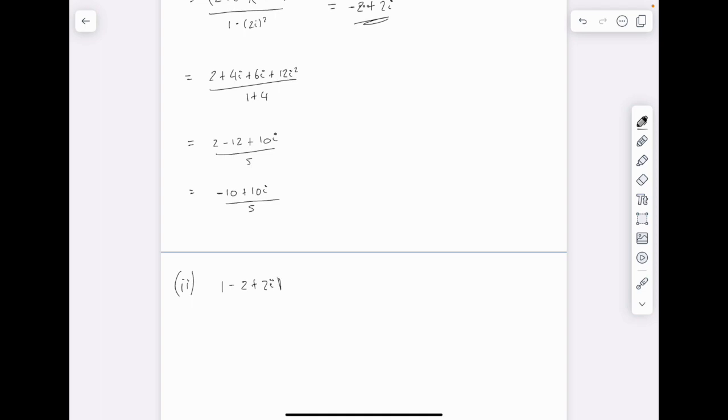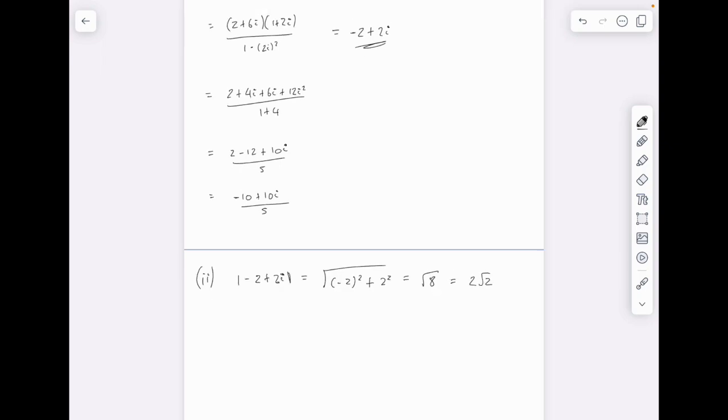The magnitude of negative 2 plus 2i is simply going to equal the square root of negative 2 squared plus 2 squared. What's this going to give us? Well, it's going to give us root 8, which gives us 2 root 2. Right, cool.